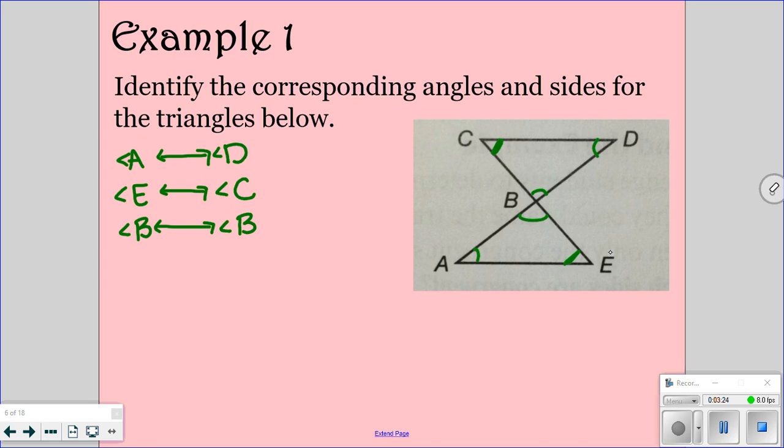Now for the sides. This side length here, AB, corresponds to this side length here.